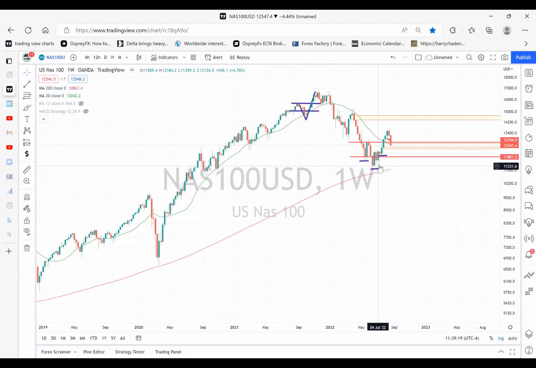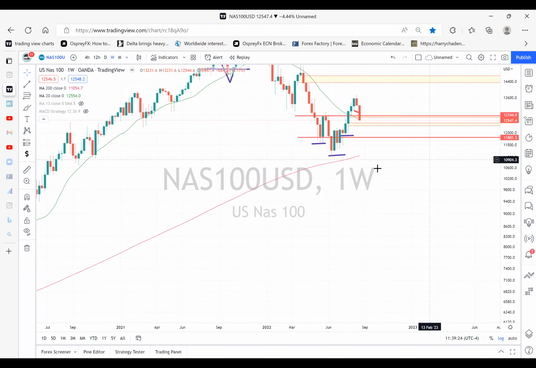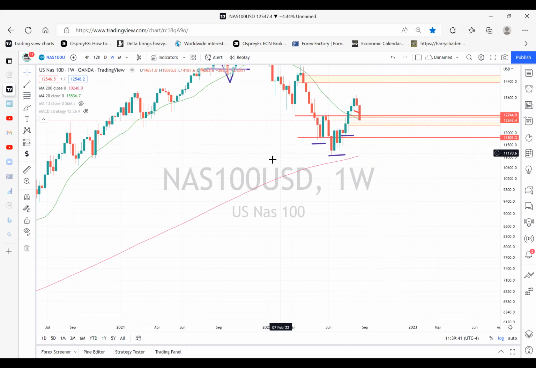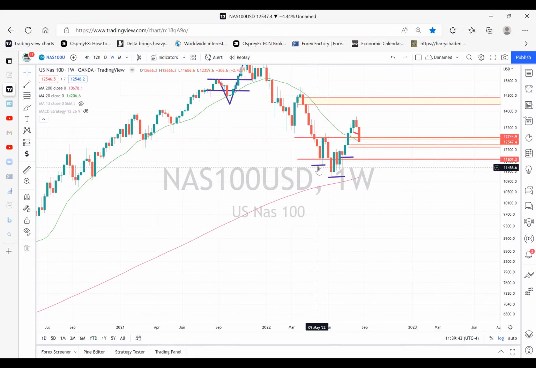You can throw a fib from this swing low, put a fib on this move to this high, and my pullback area is going to be 78.6. Y'all see that? Or we can just say chalk. These red lines are your chalk. I'm just moving the markers so they're more noticeable.